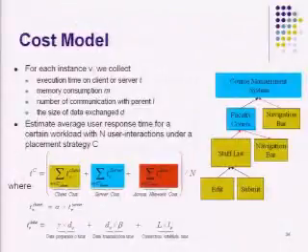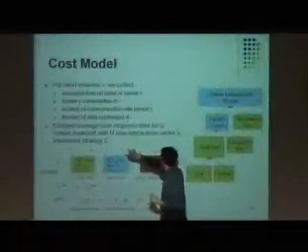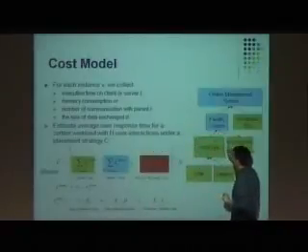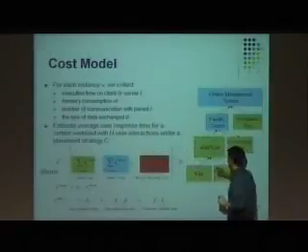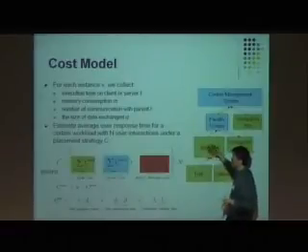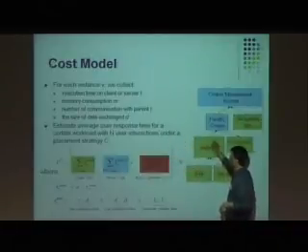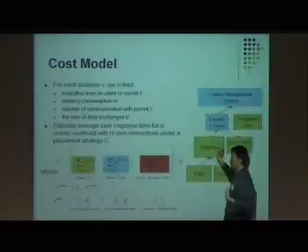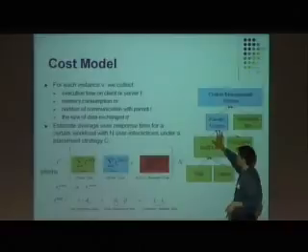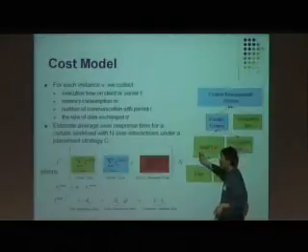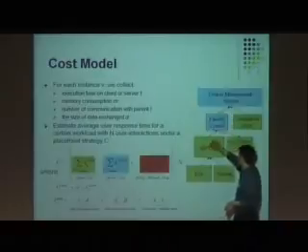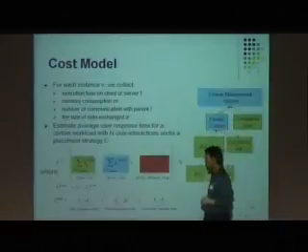During the runtime, the system will collect information. For a certain placement strategy of your instance tree, we collect how long you spend at each instance doing state transitions, and also the memory consumption for each instance, like the size of the local table states, and also the number of communications along each link in your instance tree, and also the size of the data exchanged across each parent-child link.